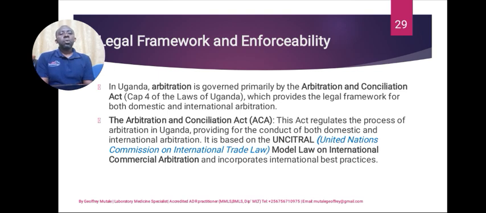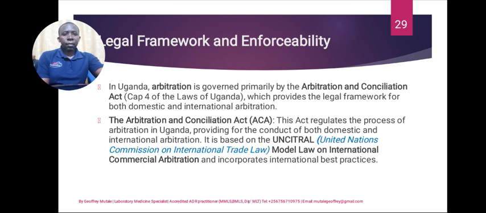So it is a law which is enforceable in Uganda, and it is also made in relation to the United Nations Commission on International Trade Law. So it is even internationally enforceable.